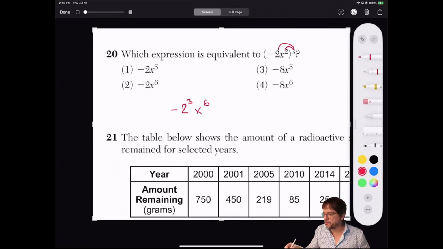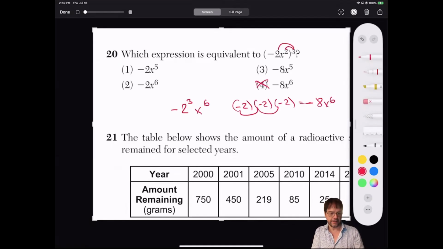Minus 2 cubed is minus 2 times minus 2 times minus 2. Minus minus plus, minus minus. 2 times 2, 4, times 2, 8. So it will be minus 8 to the power of 6. Do you agree with me? Is that okay?